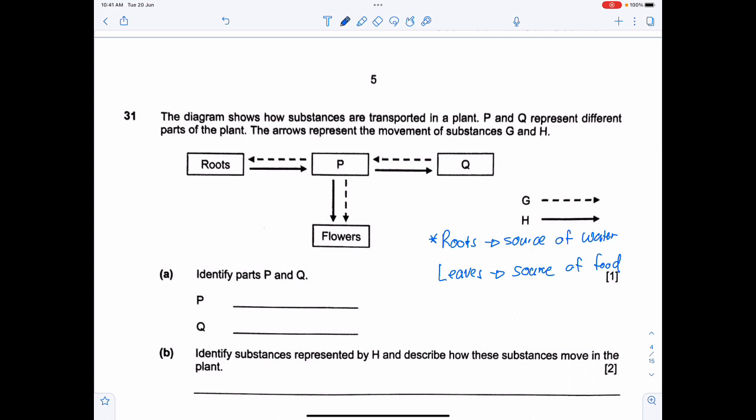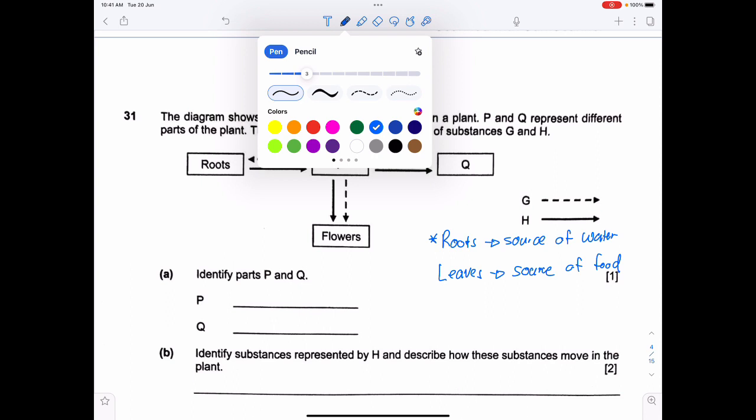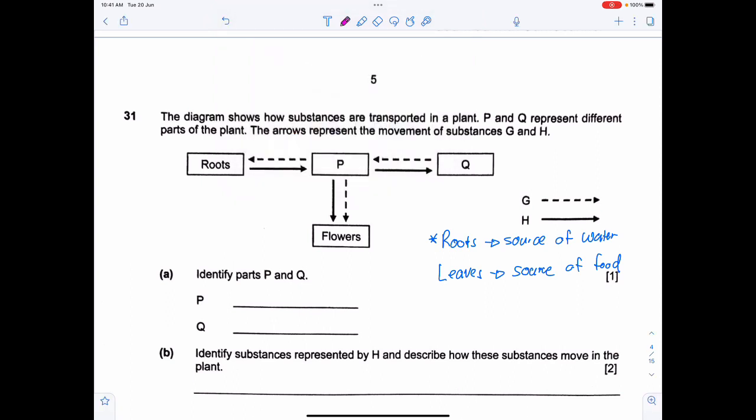So this is a common question. How to do it? This is how you do it. Now, I know that my roots are here, right? But I don't know where my leaves are. But I know that since this arrow shows that it's originating from my roots, this most probably would be water and dissolved mineral salts.